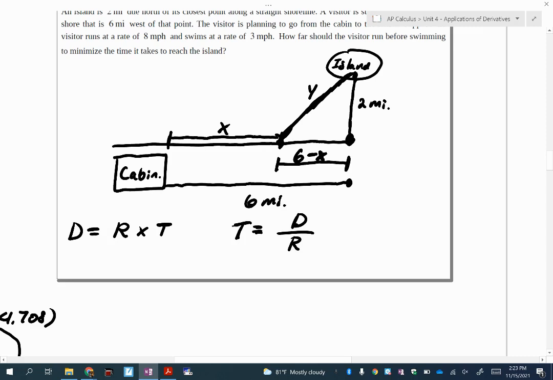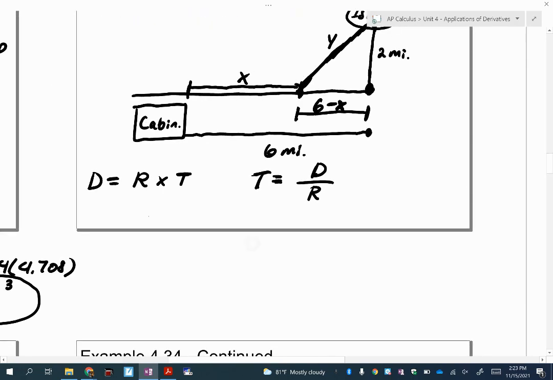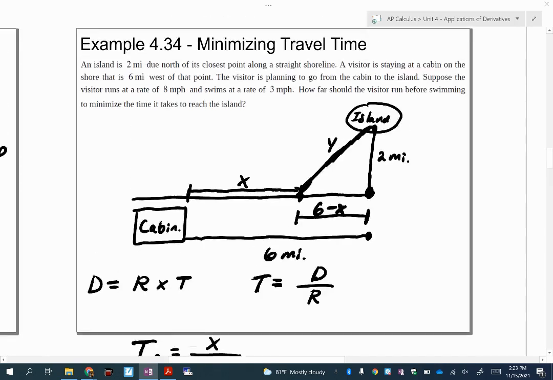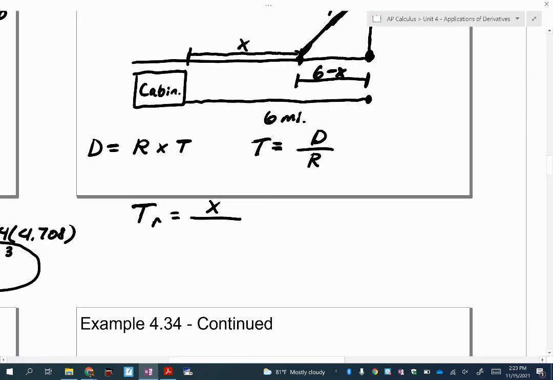So we have two times here. We have the time the visitor is going to be running. The distance they're going to run is x, in miles, divided by the rate at which the visitor runs, which is 8 miles per hour.